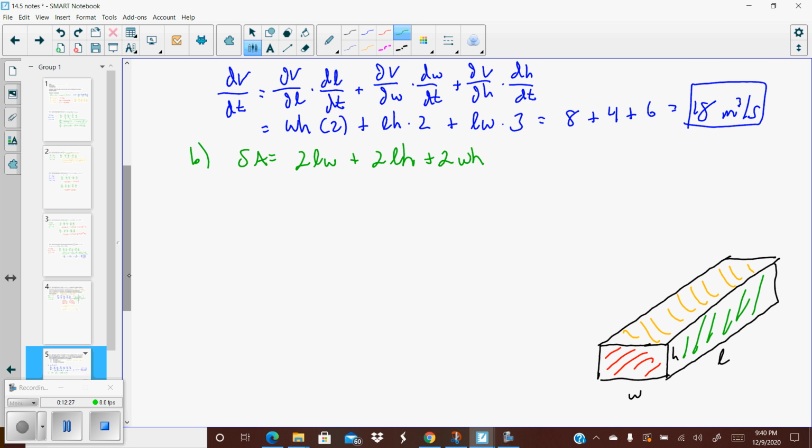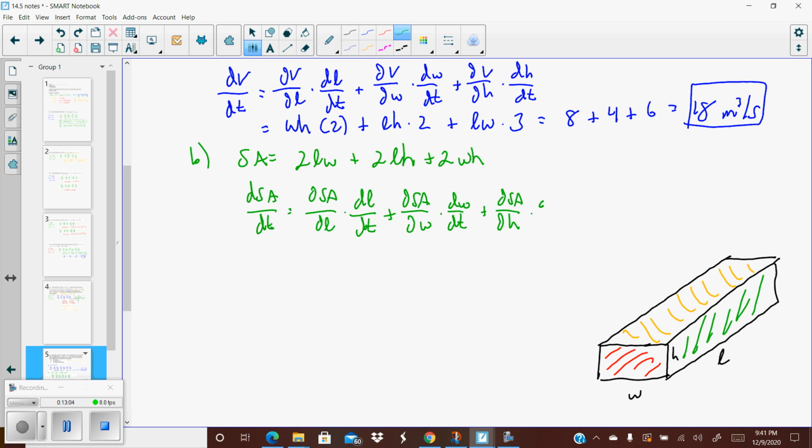So if we want to get the full derivative of surface area with respect to time, that is going to be the derivative of the surface area with respect to the first variable, L, times the full derivative of L with respect to t, plus partial of surface area with respect to the width, times the full of the width with respect to t, plus partial of the surface area with respect to height, times full of the height with respect to t.